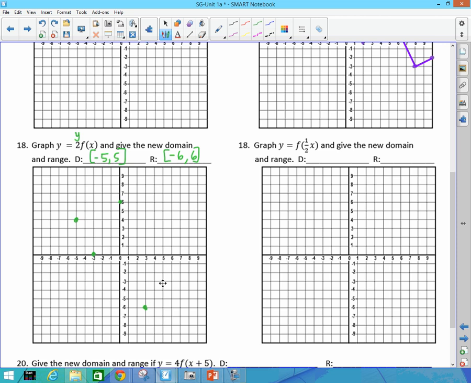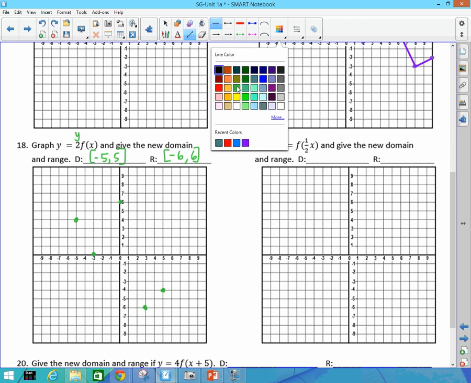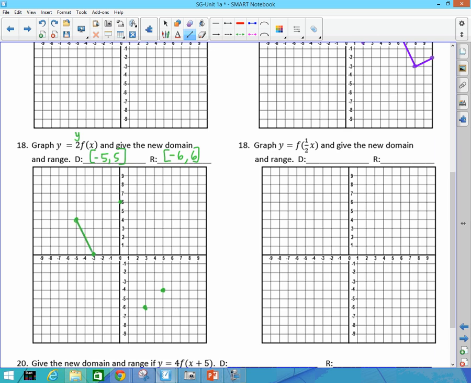And then we have 5, -2. And -2 times 2 is -4. So there, again, you'll see as we graph it. So get your straight edge and graph that, and you will see that it looks like we've just taken that graph and stretched it vertically.